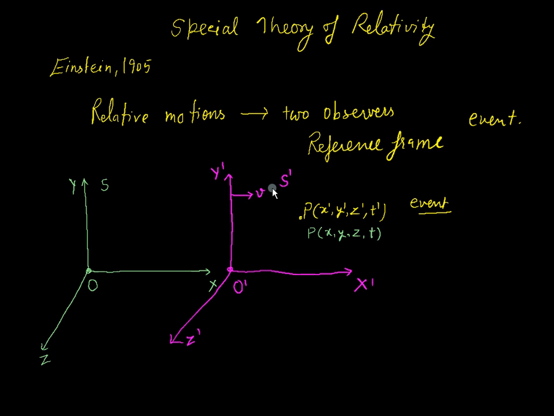So this is the first statement which we use in relativity, and the second point comes about the event. After making it clear what is S, what is O, what is S prime and O prime, S and S prime are reference frames only.